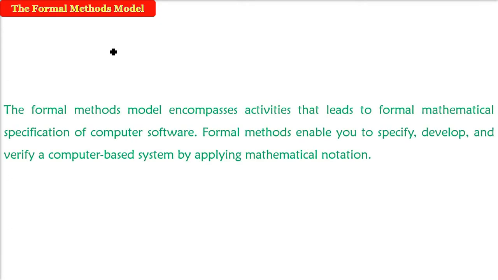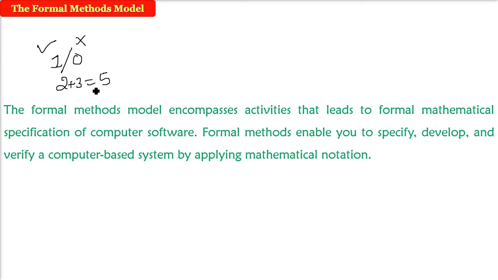The formal methods model. Formal method. Here we are talking about putting in a formal mathematical specification. You will not write mostly in English. If I talk about, say, digital 1 and 0, it can be only true and false. There will be no ambiguity. If I say 2 plus 3 is 5 and you write this in the specification, there is no chance of any inconsistency or ambiguity.